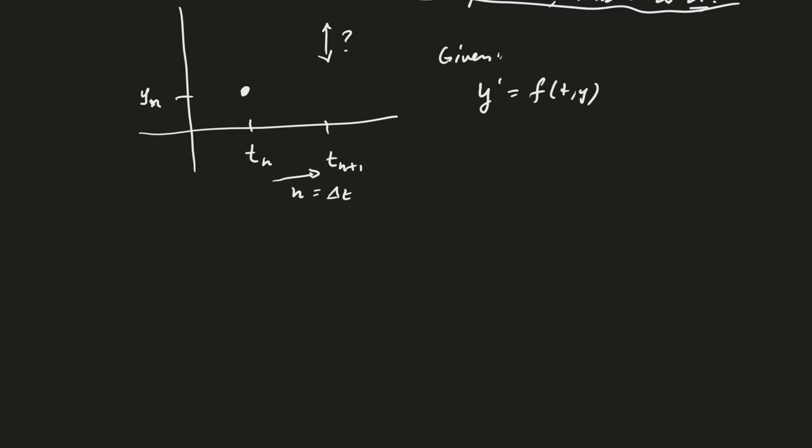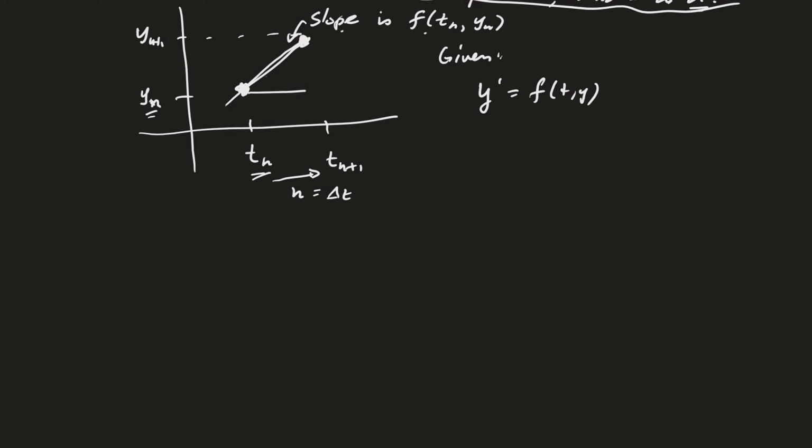So the kind of the classic first step approximation is to assume that your function is linear here. Okay, and so if we assume that it's linear, what is the slope at that point? The slope here is given by f of tn comma yn, right? So that is a known function, a known value, right? Once I know what my tn is and my yn, then I plug those into my f to get the slope. And so then what is yn plus 1 going to be?